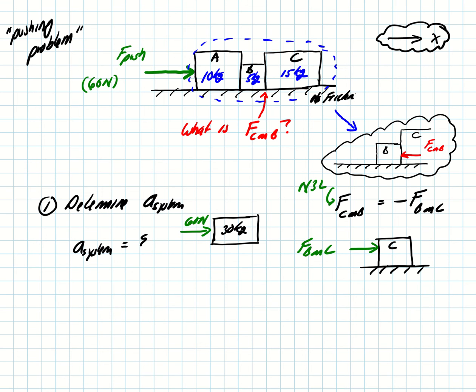All right, so now we need to get all the forces in the x dimension on our system and then the total mass of our system of objects. Well, the only sideways force is going to be our 60 newton pushing force, and the total mass, as we've already indicated, is 30 kilograms. So the acceleration of our system of boxes is going to be 2 meters per second squared.